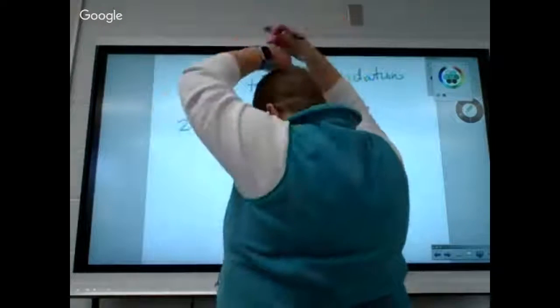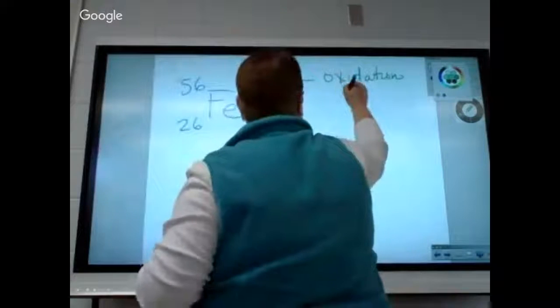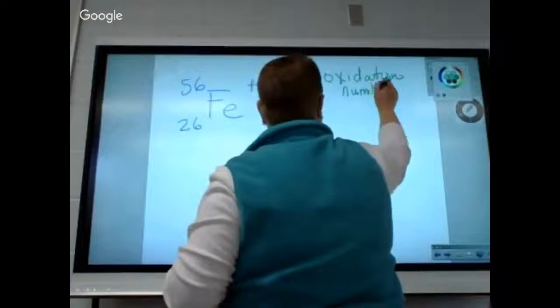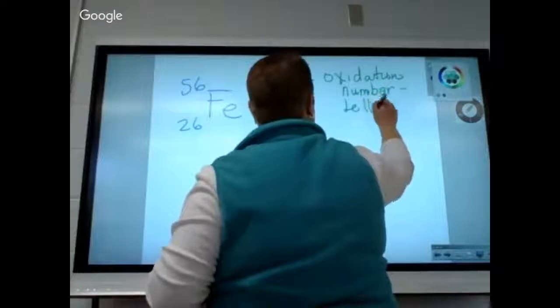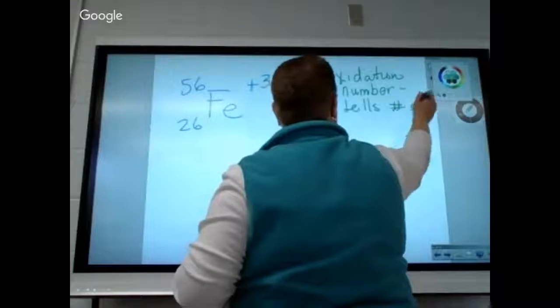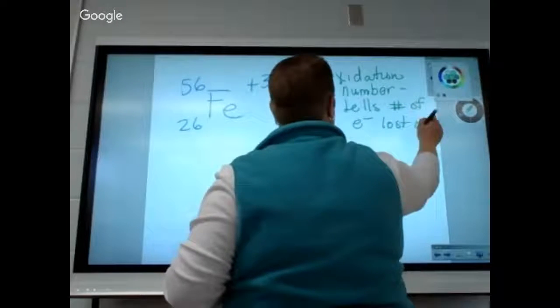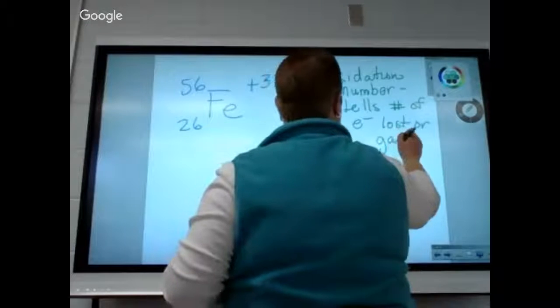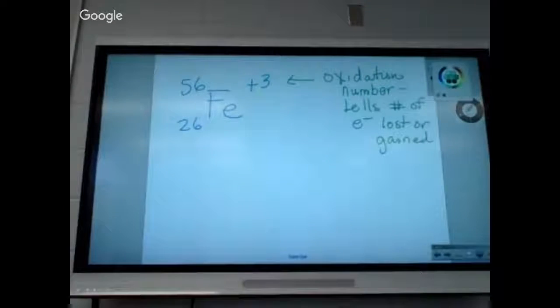We're going to do mole calculations tomorrow, probably on Wednesday. This is called an oxidation number. It tells the number of electrons lost or gained. Because it's positive, we know it's called what? It's called a cation. Very good.